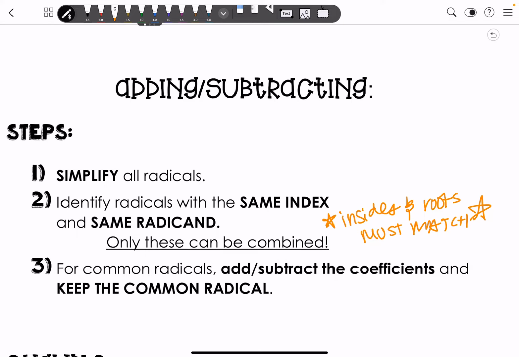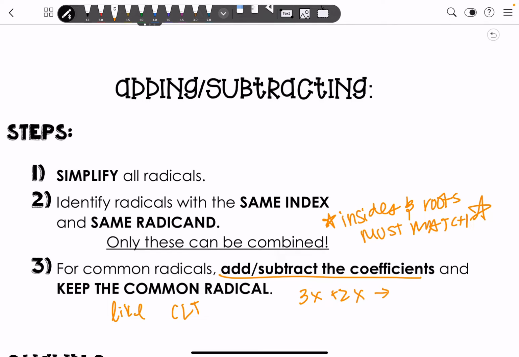For common radicals, I want you to add or subtract the coefficients and then keep the common radical. So this step right here is kind of like when we're combining like terms. I'm going to abbreviate it as CLT, combine like terms. So this is kind of like 3x plus 2x.